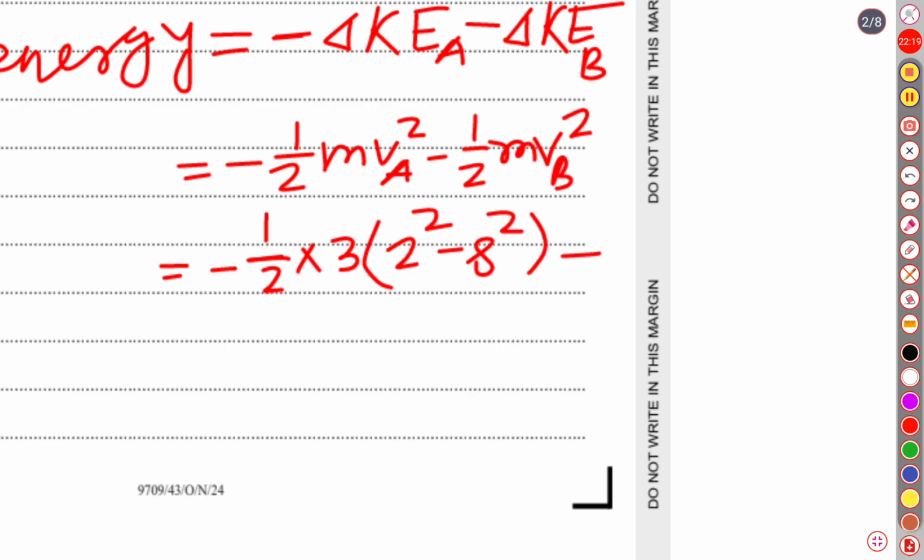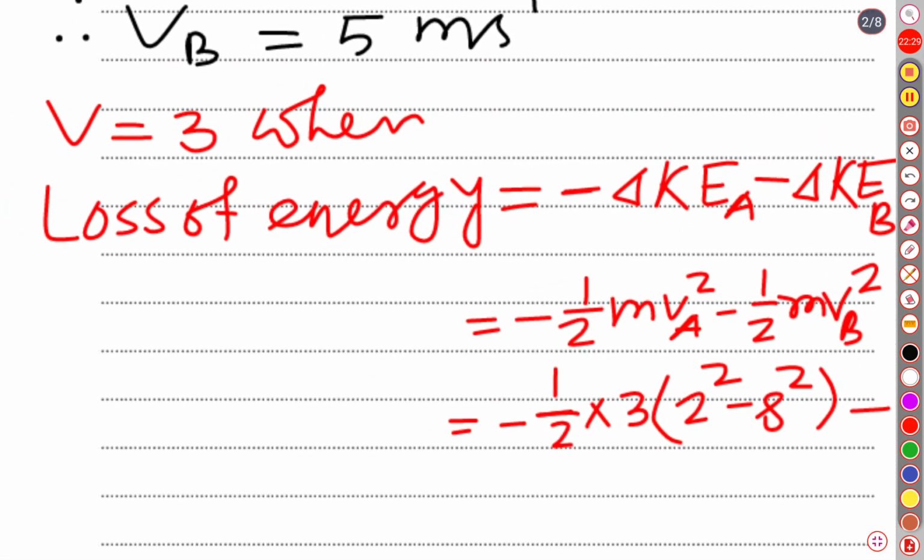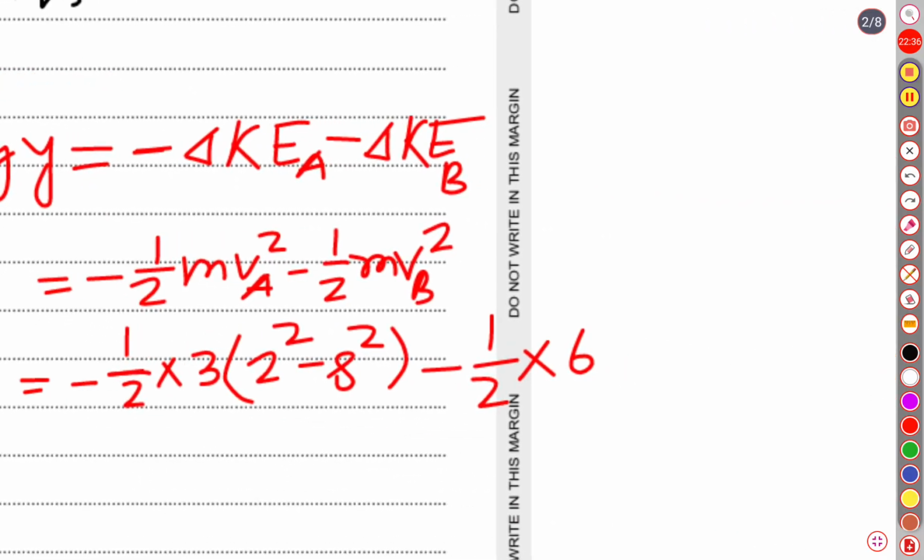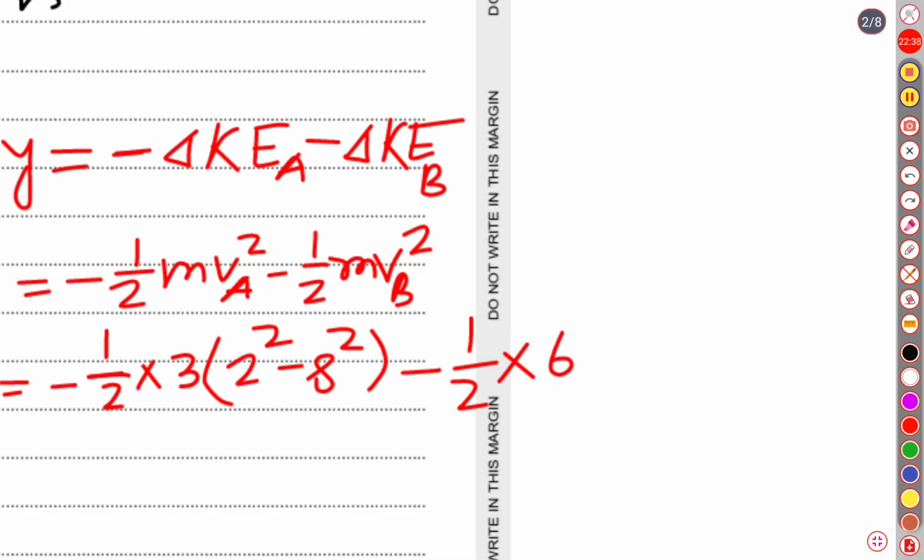Then for the second part, half, and mass of particle B is 6 kg. Initial velocity was 0 and final velocity V of B was 3, so it is 3 square minus 0 square.